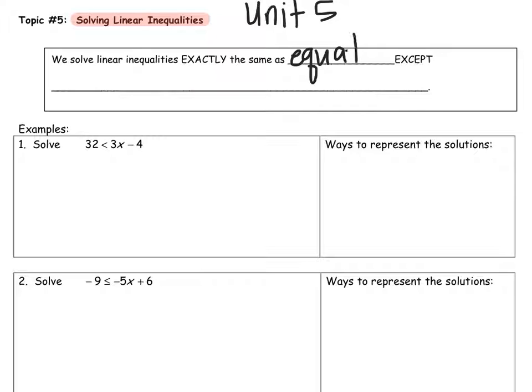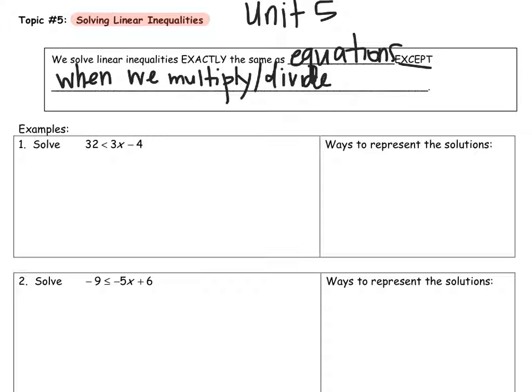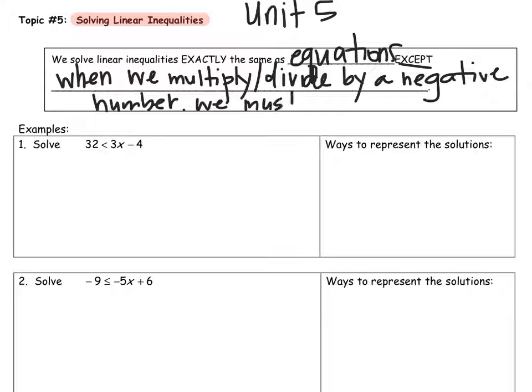which means that we solve these the same way that we solve equations, except, there's a big except, when we multiply or divide, which means when we multiply or divide by a negative number, we must flip the symbol.